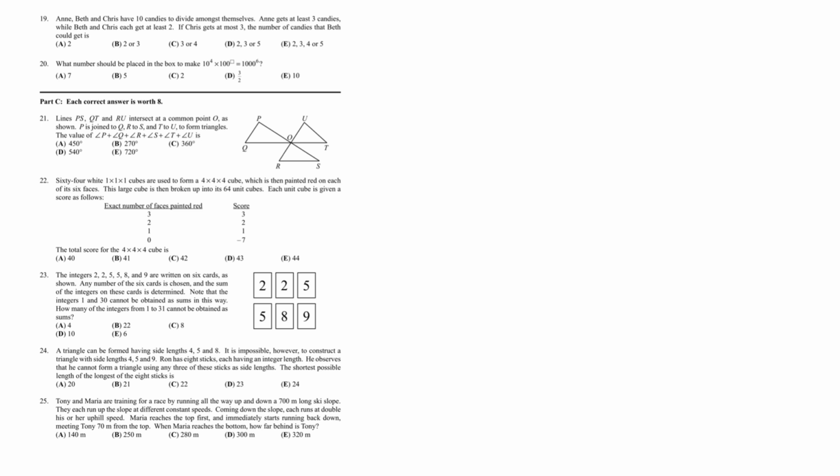If Anne gets A candies, Beth gets B, and Chris gets C, add them together, that's 10. And also A, Anne gets at least 3 candies.